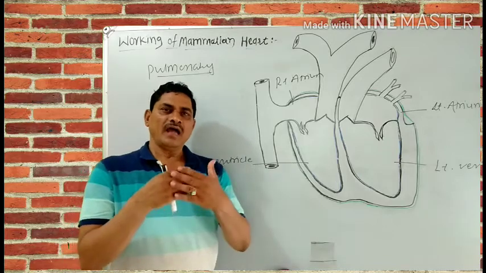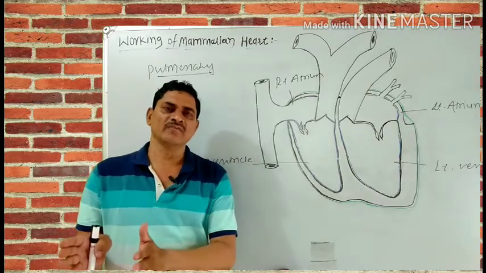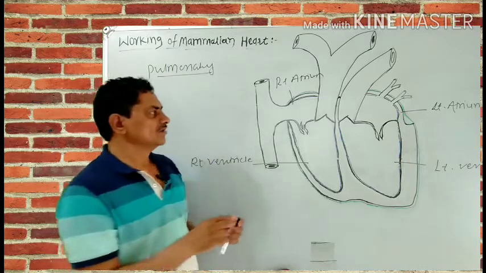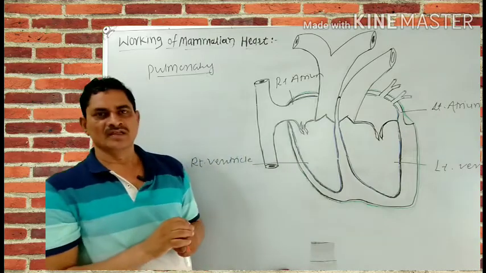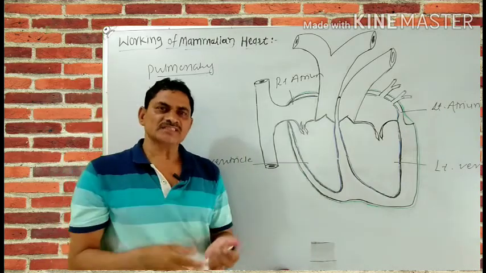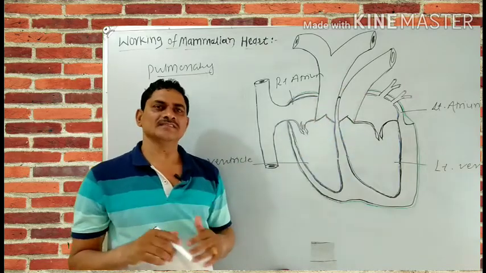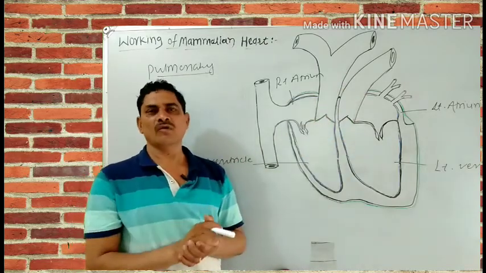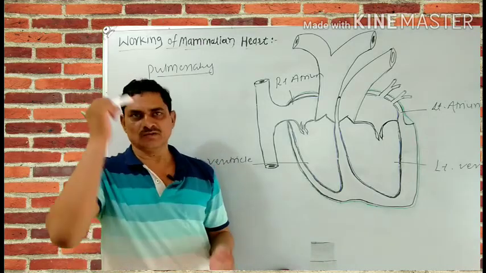The mammalian heart performs as a forcing pump, as it forces the blood through the pulmonary aorta and aortic arch. And through the systemic circulation, the systemic arch, it carries blood to all parts of the body, from the bottom to the top of the body.